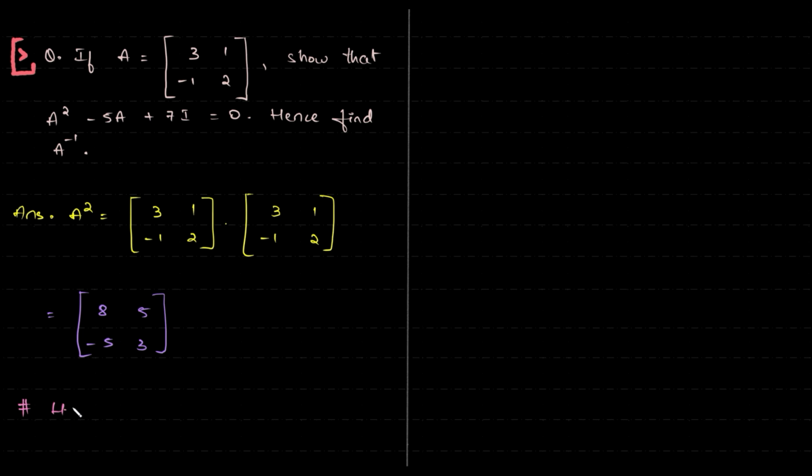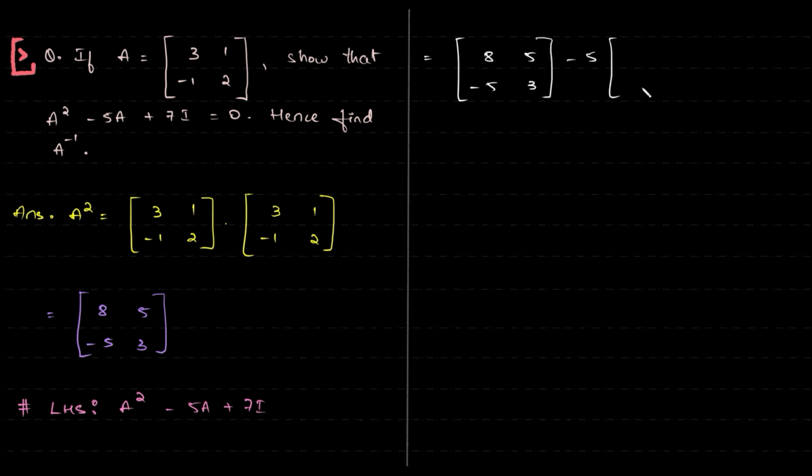Then we have the LHS. We have to prove, right? So we'll pick up LHS, A square minus 5A plus 7I. A square is 8, 5, minus 5 and 3.